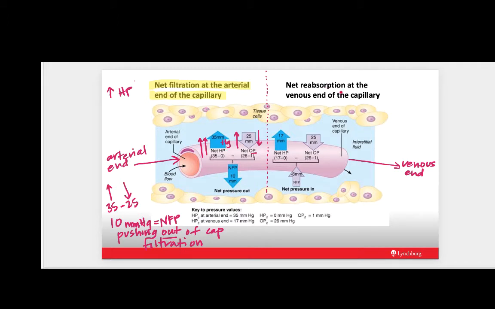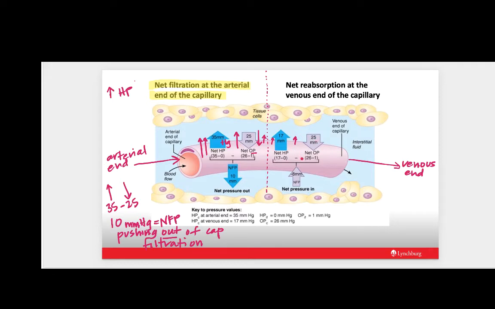Okay, let's look and see what's happening at the venous end of the capillary. One of the things to think about, if you can picture it, is that the whole time blood is flowing through this capillary bed, fluid is being pushed out the whole way across. And so at this end of the capillary we end up having decreased fluid inside the capillary, because more of it has been pushed out the whole time it's been traveling down the capillary.